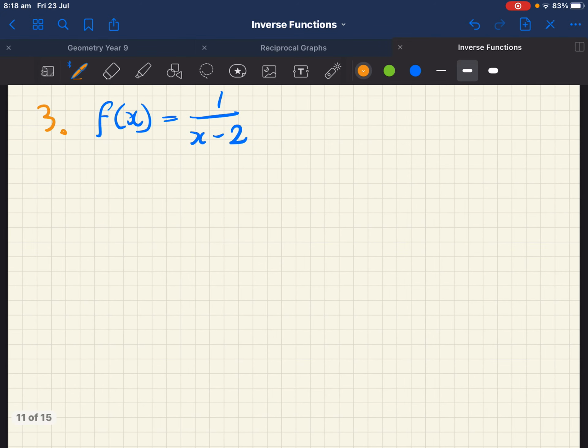All right, third example. Now let's look at a hyperbola. Right, this will be super tricky, right? Same thing. This is our y, this is our x. Replace your x and y, and then just rearrange. I'm going to take the y minus 2 across to the other side.